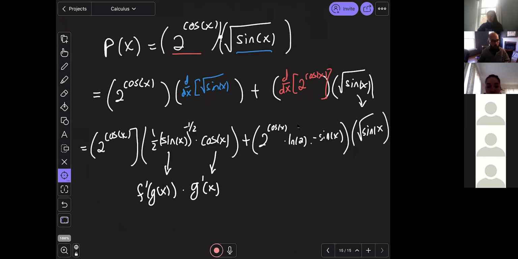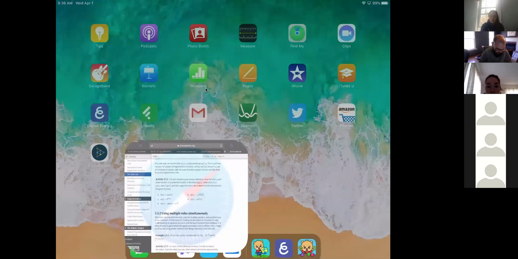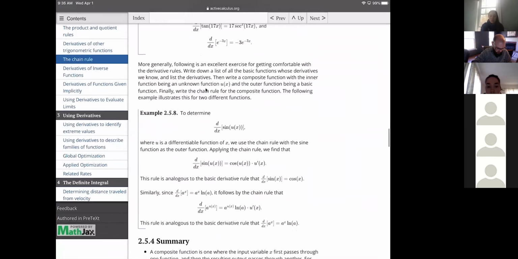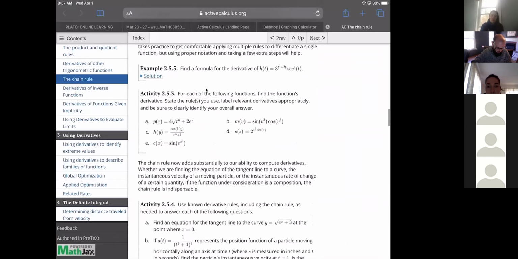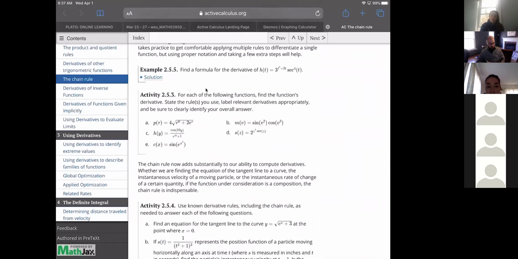All right, so what I want to do, I'm going to minimize this and bring back up our book here. So there's 5 examples, A, B, C, D, E. You can see them right here in section 2.5.3.